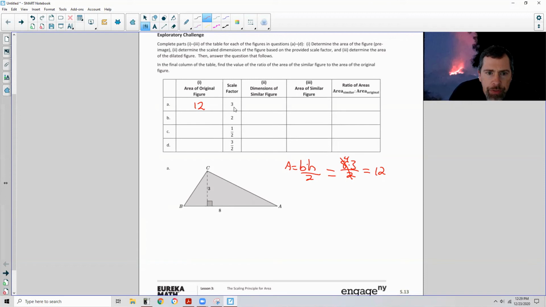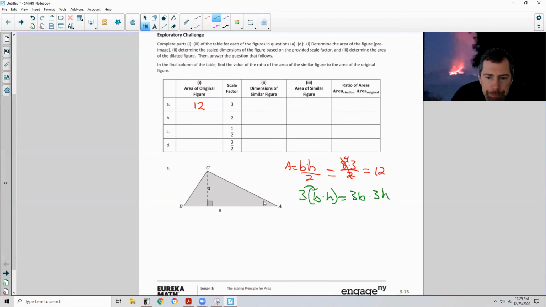Scale factor of 3, dimensions of the similar figure. Well, to find the dimensions of the similar figure, let me just show you this way. We have base times height, and we're going to multiply that by 3, scale factor of 3. Distribute, and that will give us 3b times 3h.